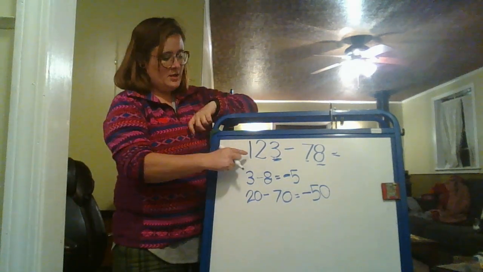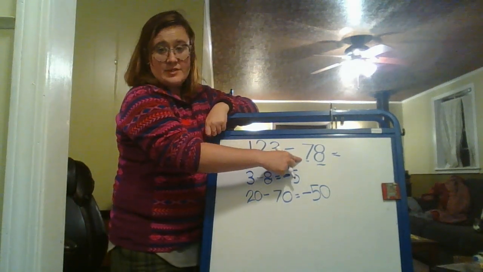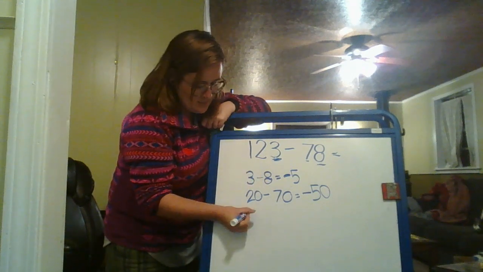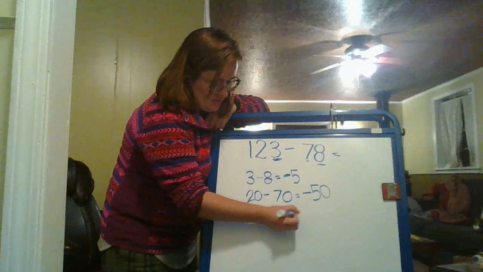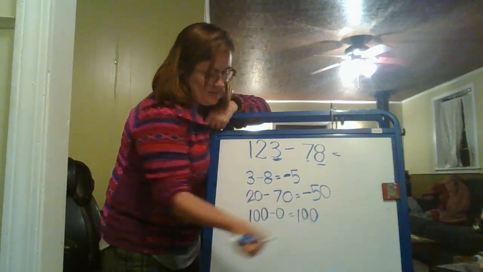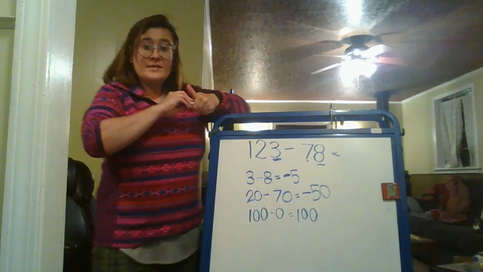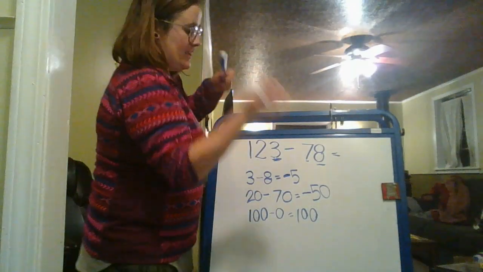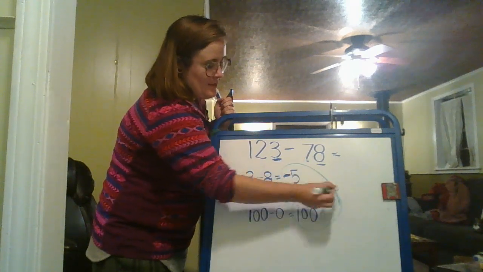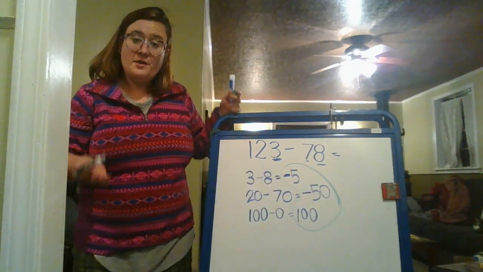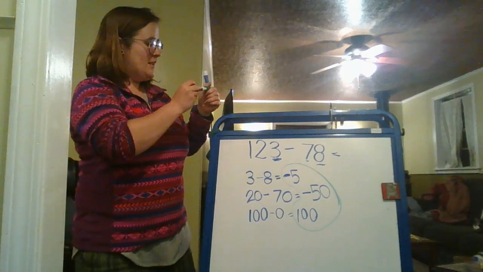Okay. 100. There's nothing in the hundreds place here. So I just have 100 minus 0 equals 100. Okay. Now, I know the strategy you're used to says now you take all these things and you add them together. And you sure do. But when you add a negative number, you're really just subtracting.